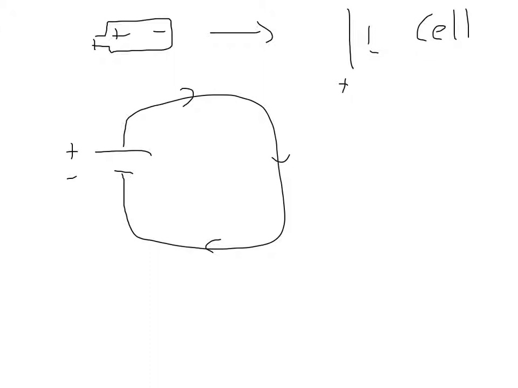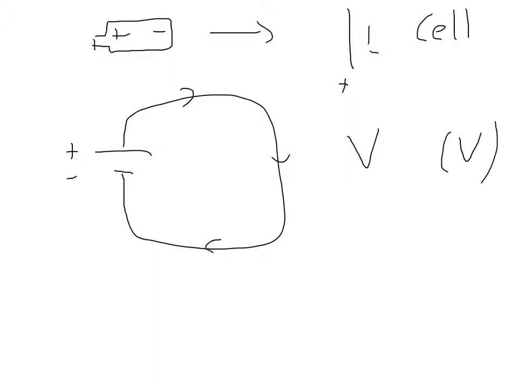What actually happens is that between here and here, there's a potential difference, which hopefully you remember from the previous class. Now, the potential difference, we write it as V for voltage, remember? And the units are also volts, so the same letter for the thing and for the units.